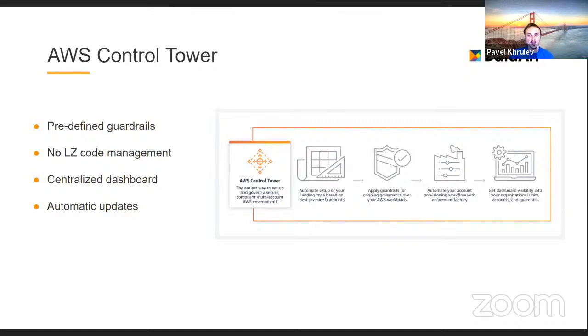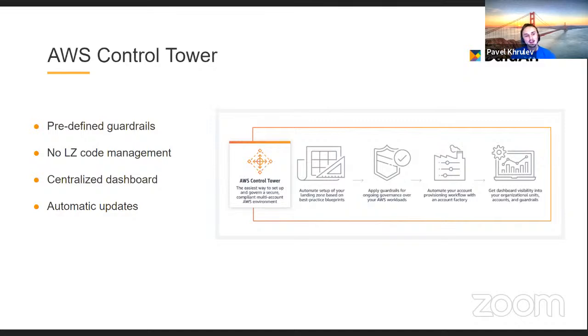If you would like to have something that is not included in the AWS Control Tower, that means that you probably should implement your own AWS config rule or your own service control policy to extend your governance on your environment. And AWS Control Tower currently is quite limited in that.